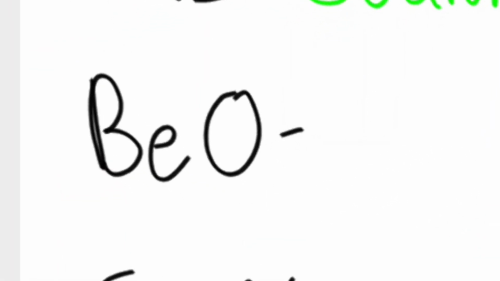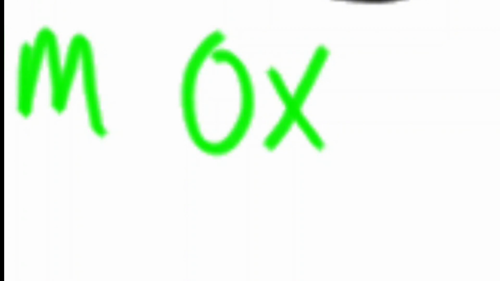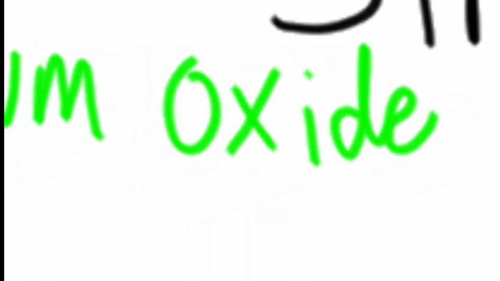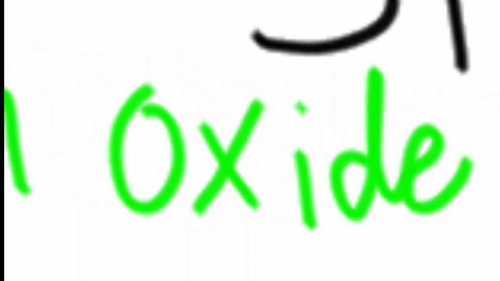Now we have beryllium. Because beryllium is a metal, it does not change. And we have oxygen. Okay, so now we're going to put in the suffix of IDE. We don't add anything else because that's how it's done.